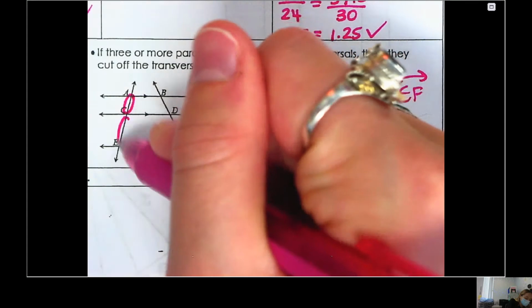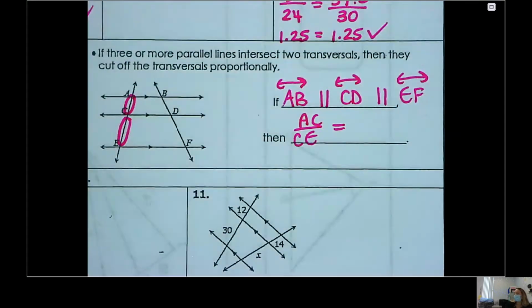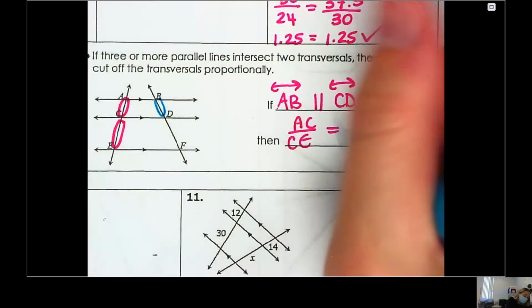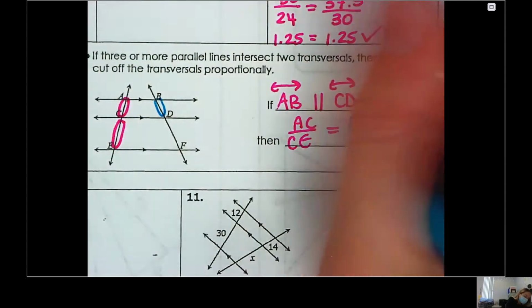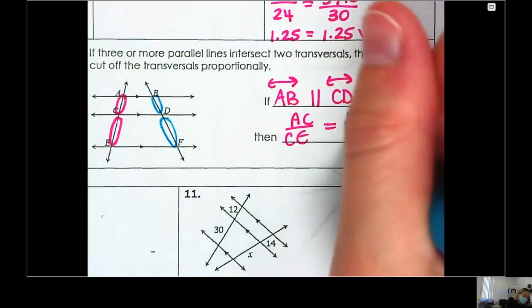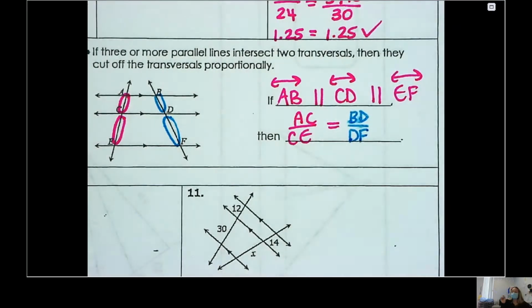So this piece, AC, divided by this piece, CE, is equal to what? BD and DF. Good. This piece, BD, over this piece, DF. It is literally the exact same thing we just did, except instead of it being a triangle where they're closed, it's just some open lines. But it's the exact same thing we just did.